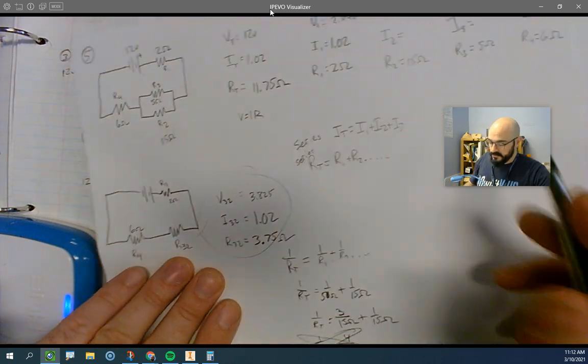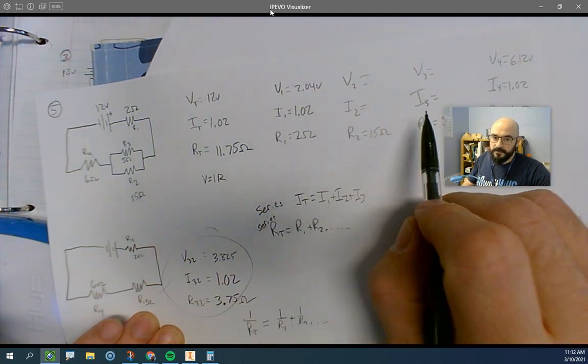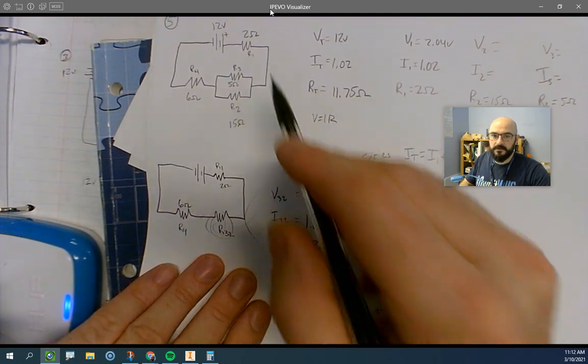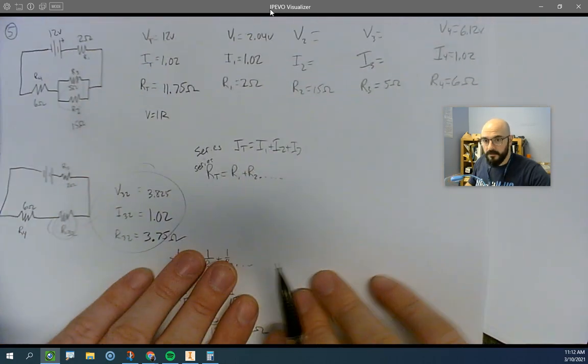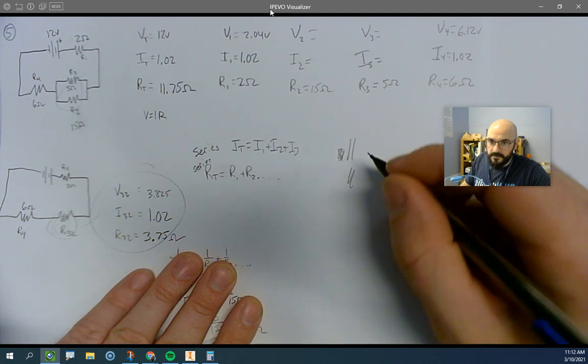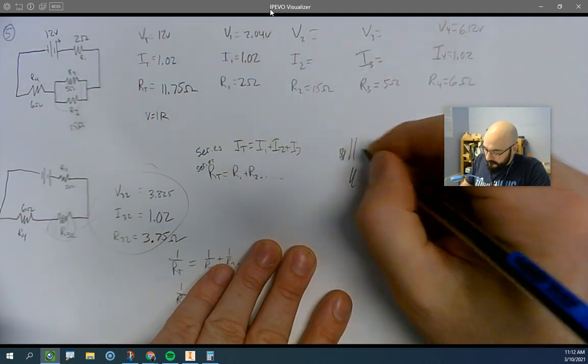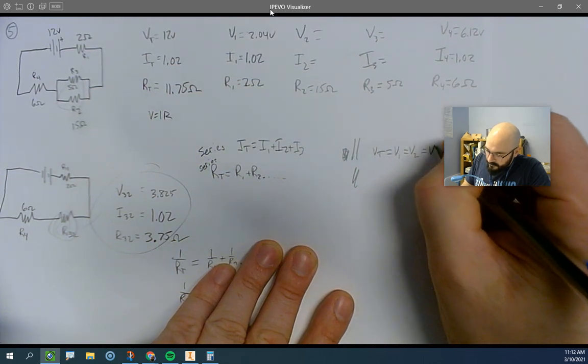We're really close. We just need to determine these last bits. So these 2 resistors are parallel, so we can't treat them with the same rules that we were using before. I'm just going to use the symbol for parallel. VT equals V1, which equals V2, which equals V3.